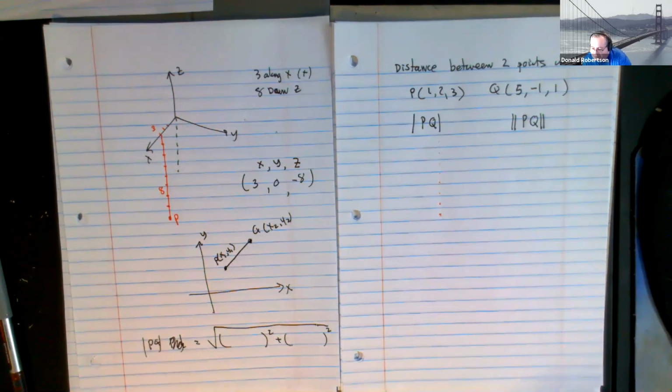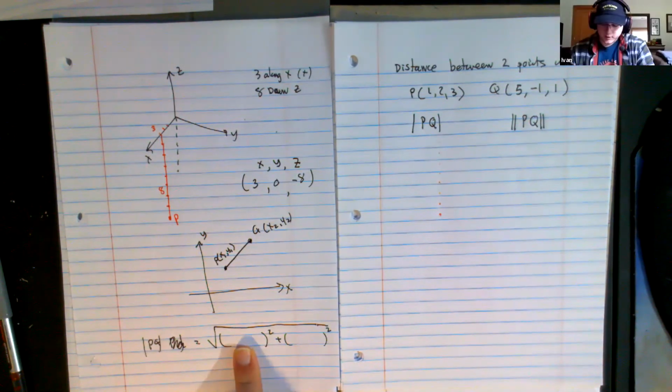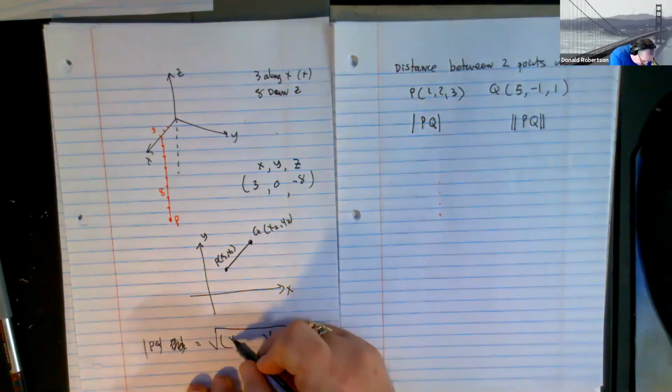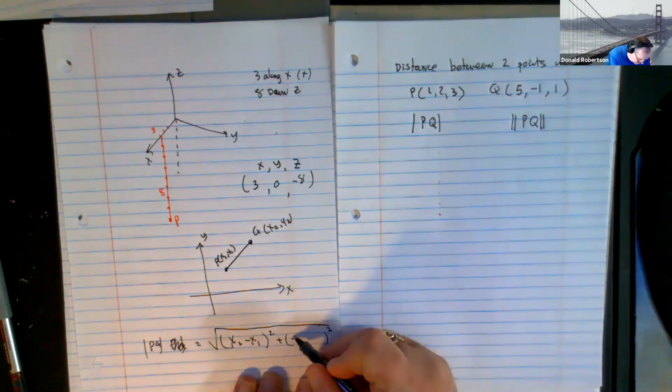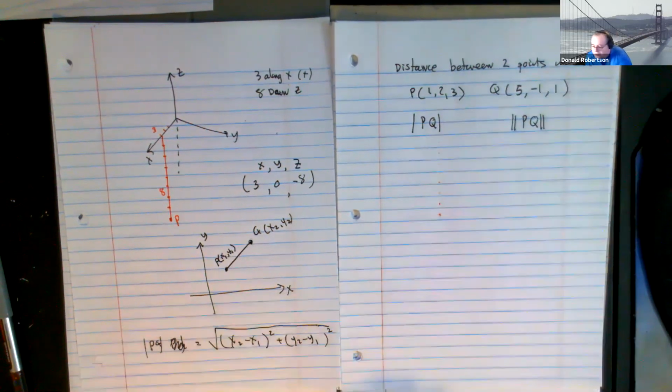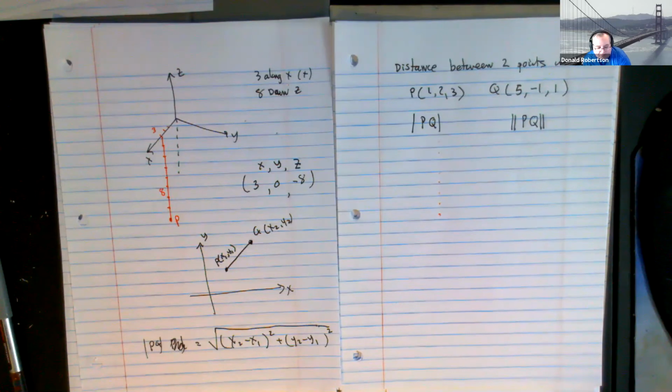Anybody want to tell me what goes in the first brackets? x2 minus x1. Okay, basically the difference between the x coordinates, and then the same for y, which might be what you were trying to say before. Do we kind of remember that guy now that you've seen it?